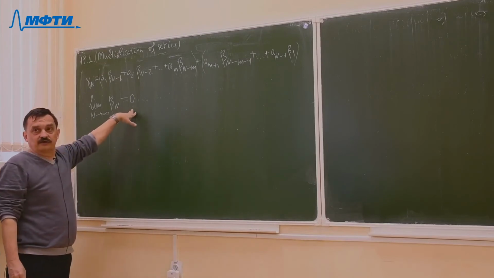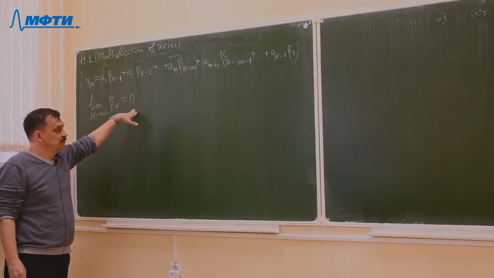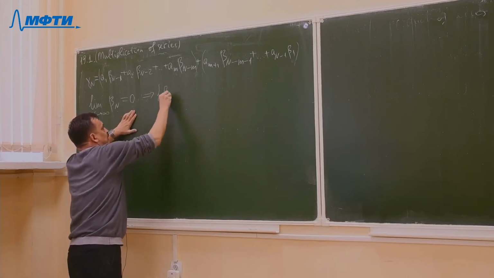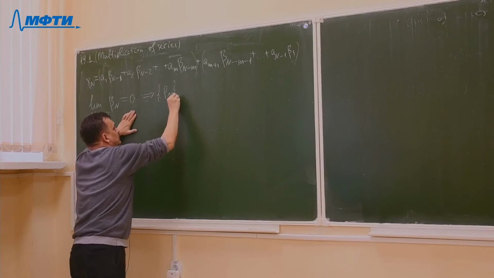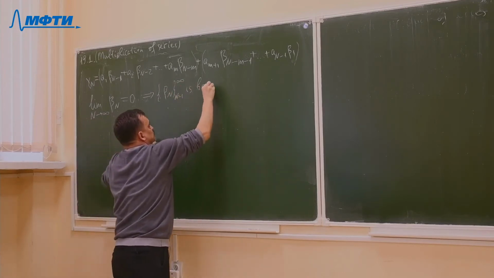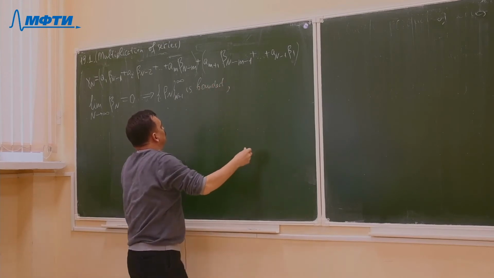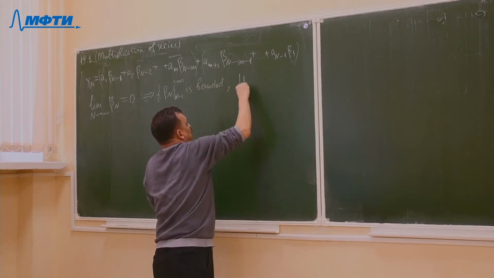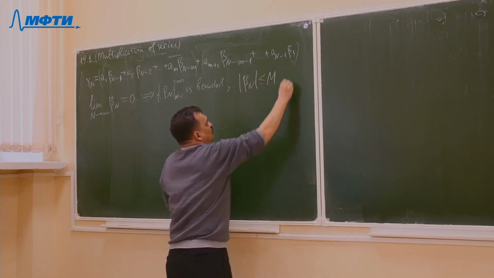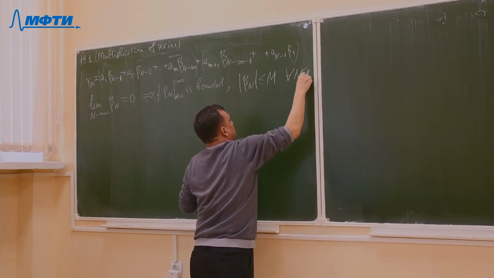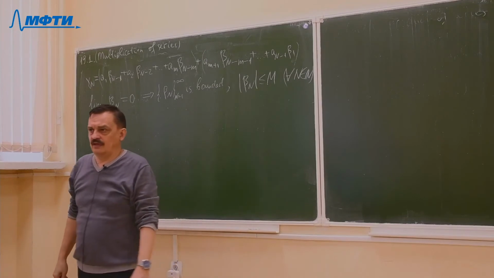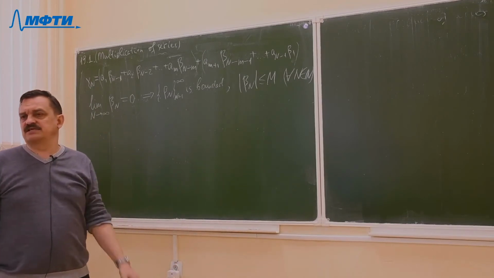If I know that a sequence has a limit, then it is bounded. So, beta n is bounded. So, let's say the modulus of beta n is less or equal to capital M for all natural n. Okay. Now capital M is given.